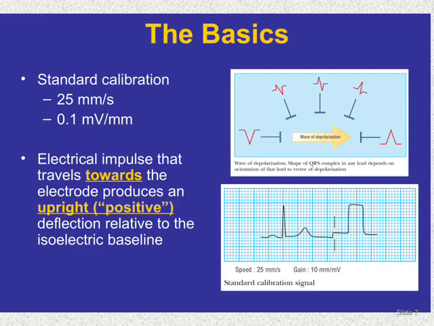If it is perpendicular, it will be biphasic, R and then S. If it is oblique, we have here small r and deep S. If it is oblique in this direction, we have large R and small s. So this is the idea of making different electrodes so that we can see the heart from different directions.